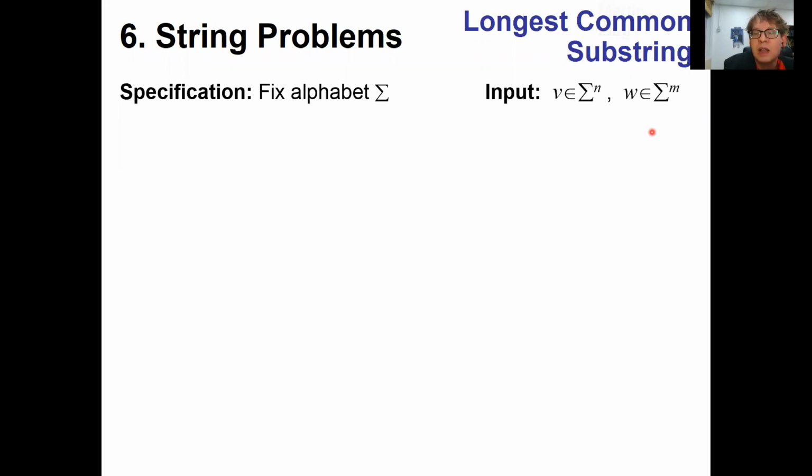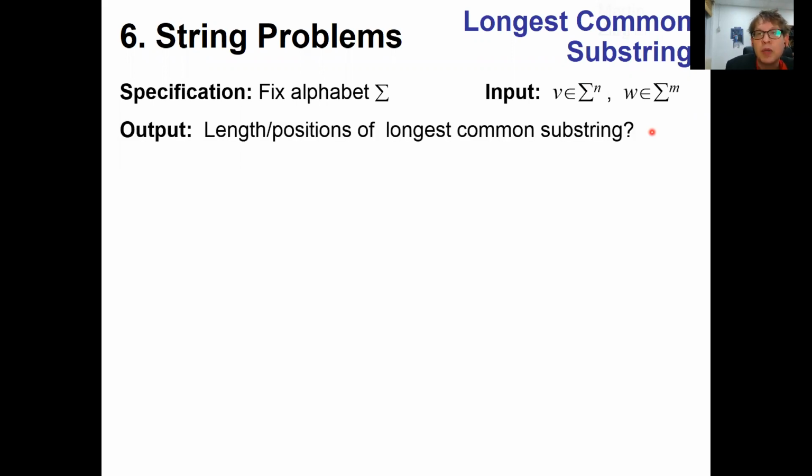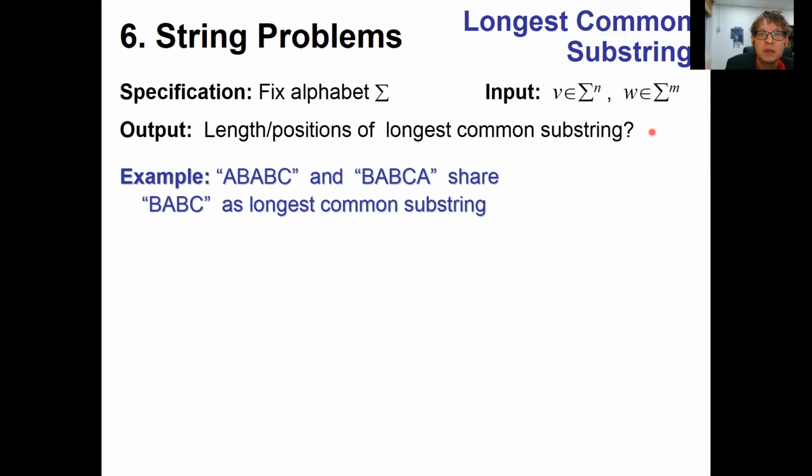Now, this seems like the previous case, but here the strings are not necessarily of very different lengths. They can be of different lengths, but that's not the most important part. The question is, find the longest common substring which is common to both of the input strings. More precisely, find the length and possibly position of such a longest common substring.